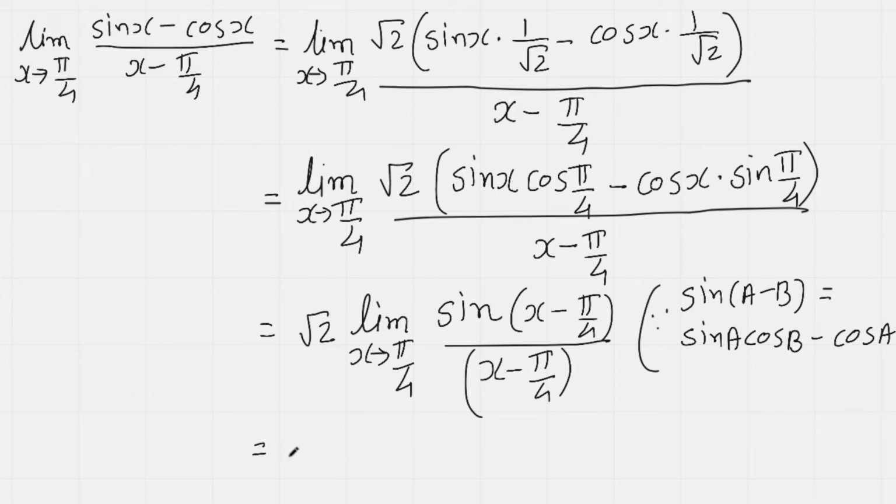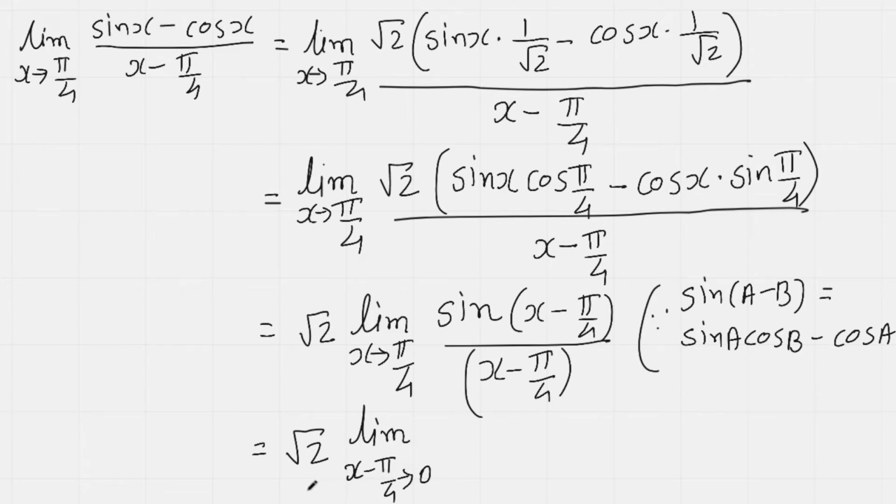So this is equal to square root 2. Now we know that the limit of sine theta over theta as theta approaches 0 is 1. But here x is approaching pi by 4. So if we subtract pi by 4 from both sides, x minus pi by 4 will approach 0.